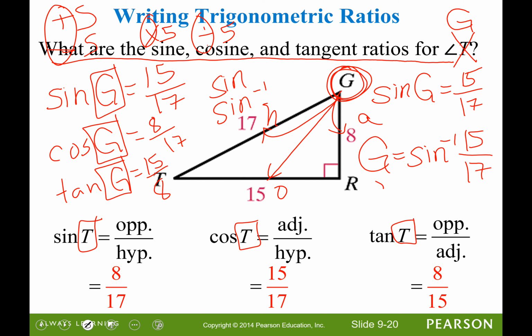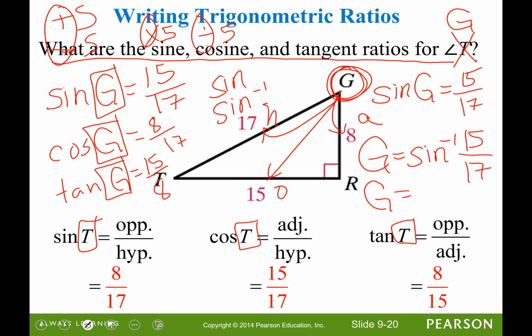We can then pick up our calculators. Sine inverse, mine is above the sine key, so I have to hit second first. So find your sine inverse key, hit second, sine inverse if you need to. And now 15 divided by 17, close parentheses, enter.